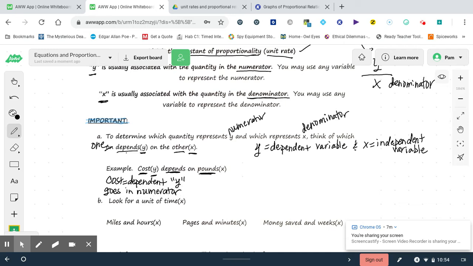And the number of pounds is our independent variable, so we call it x, and it would go in our denominator.